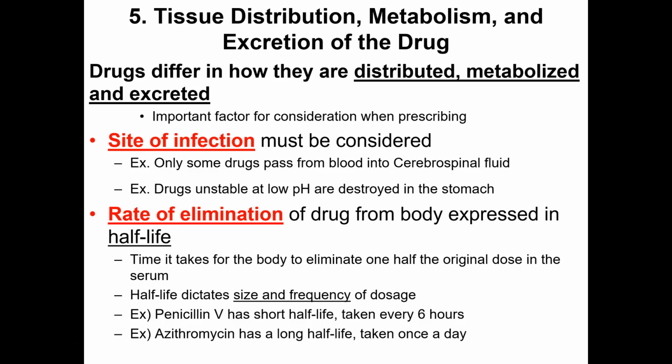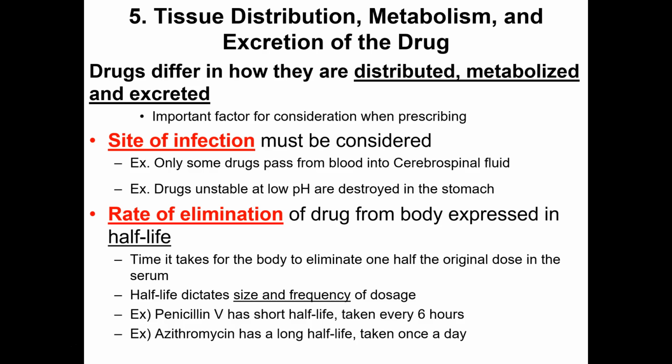Rate of elimination. Anything you put in your body is on the metabolic clock. When antibiotics get into your body, eventually they get scrubbed out by your kidneys and urinated. Antibiotics vary wildly here, and we measure this as half-life.